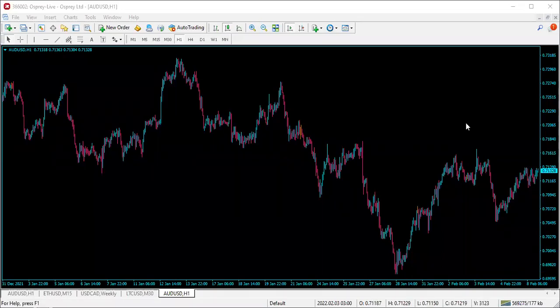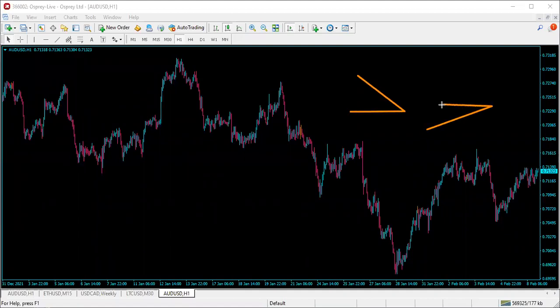Okay, so the next pattern we're going to talk about is the rising wedge. Rising wedges move the chart around the market. What I mean by that is in the other videos we've discussed the descending triangle and the ascending triangle.